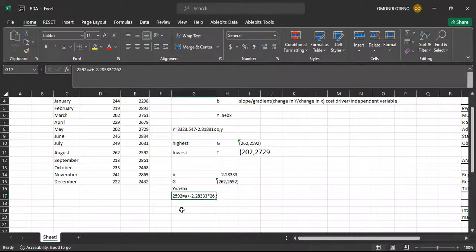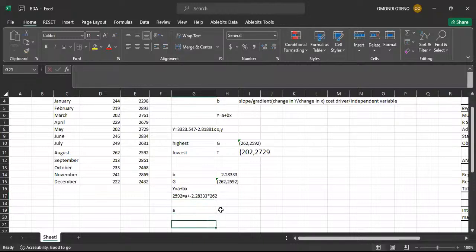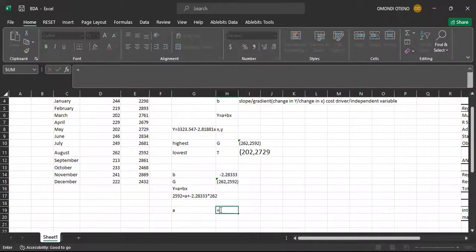Can we make A the subject of the formula? If you make A the subject of the formula, you are going to have 25.92, and all these things that are here, remember it is plus minus. So automatically it is a negative, but when it crosses the equal sign, it will be a positive.